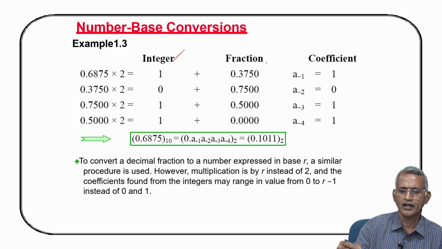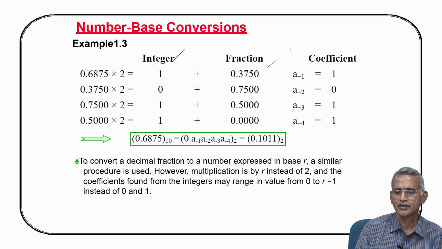Separate integer and fraction. The coefficient, you call it a suffix minus 1, is 1. Then you take the fraction and multiply by 2. So we have 0.7500 and the corresponding integer value is 0, therefore you take 0.